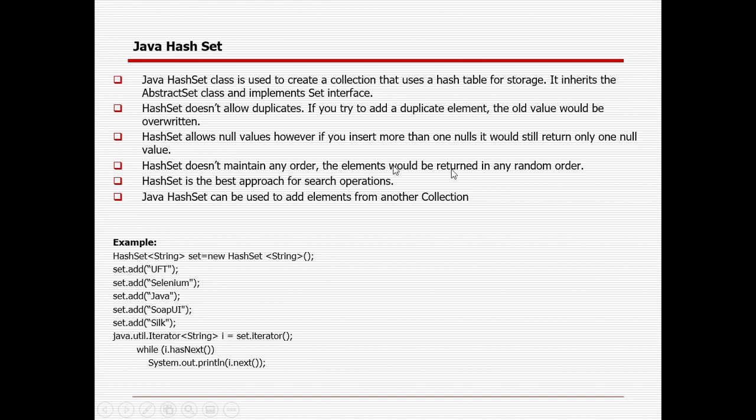Java hash set can be used to add elements from another collection, meaning another collection framework. So I will be giving you some examples of the hash set here. Let's try to create one hash set here.